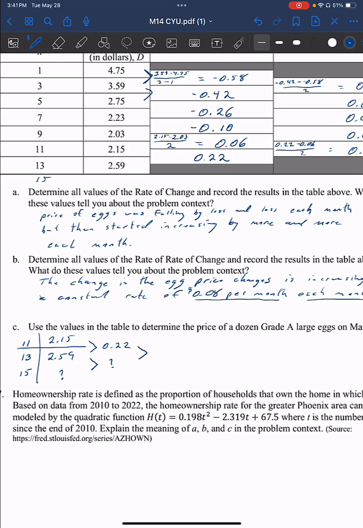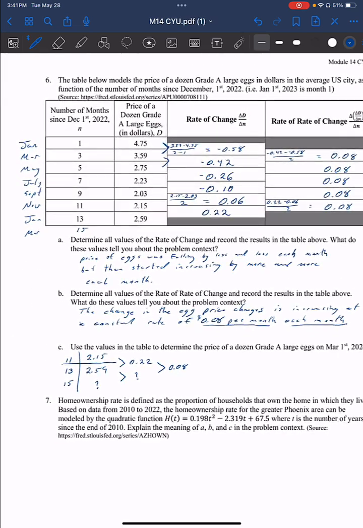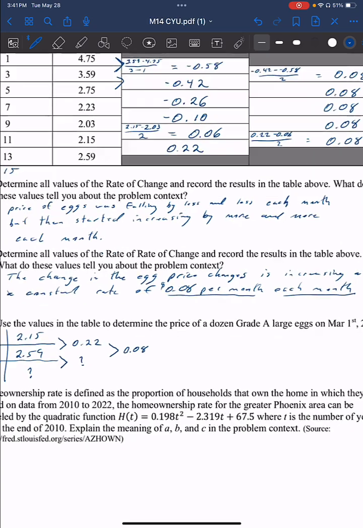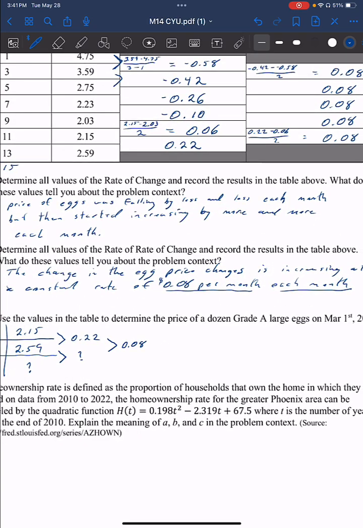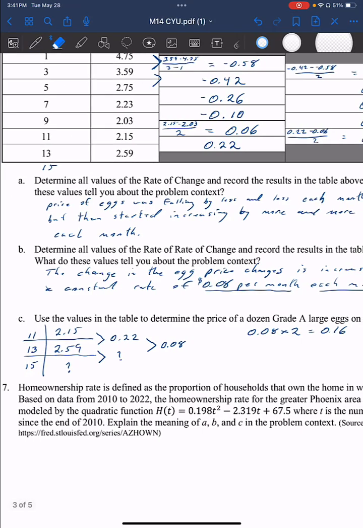So I'm going to have to use the fact that this difference here is 0.08. My table is going by twos, and that 0.08 is a per month value, so I'm going to need to multiply the 0.08 times 2 so that I can use the value in my table to find the next missing piece.